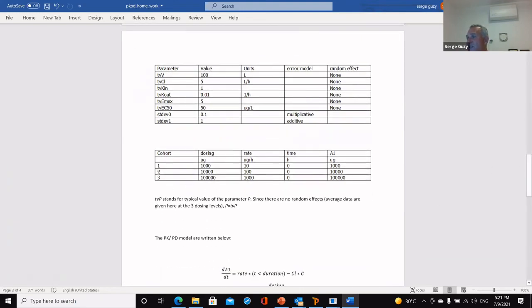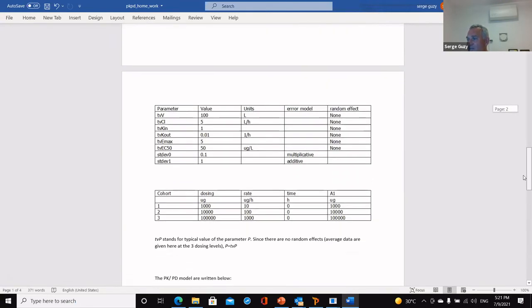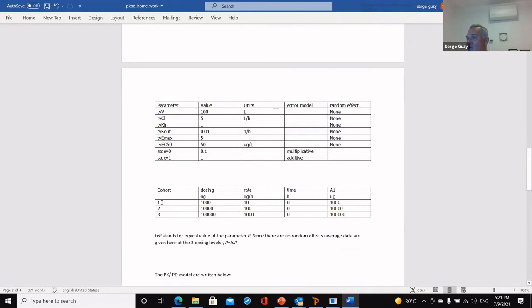The dosing regimen, the cohort, which is basically patient 1, it's a dosing of 1,000, and you can see that from the data set. You can see 1,000 here. Okay, I'm just explaining what you have here. Then the first cohort, and again, for each cohort I gave you the average value, each cohort corresponding to one average patient getting a dose of 1,000 microgram at a rate of 10 microgram per hour.